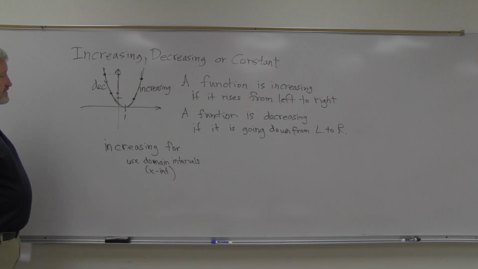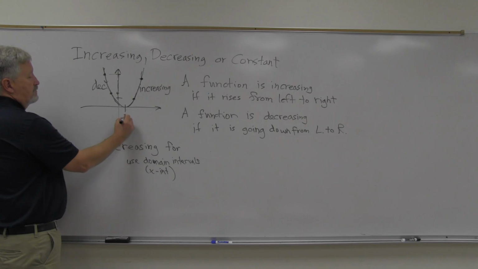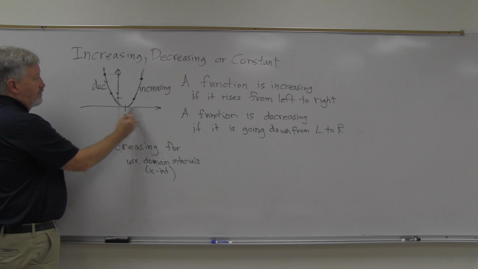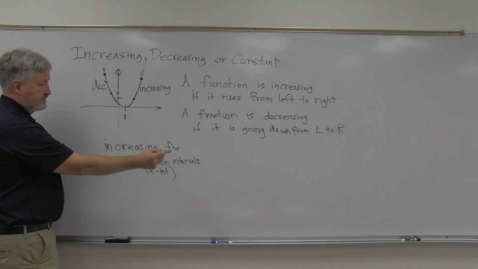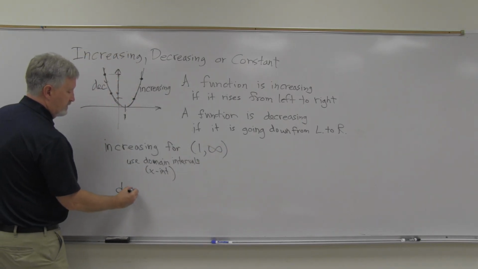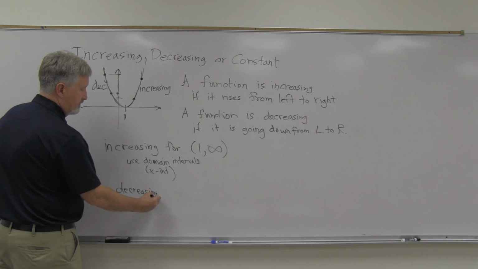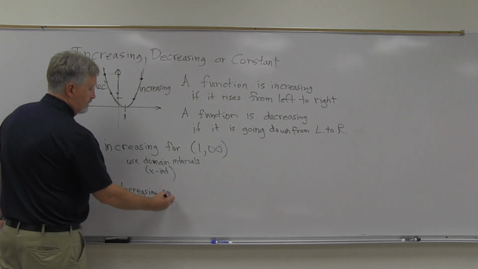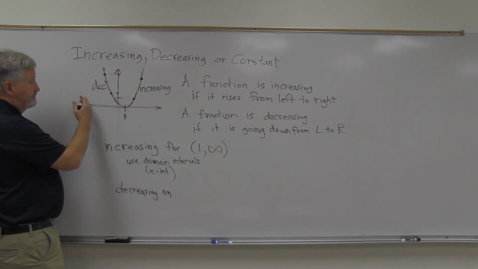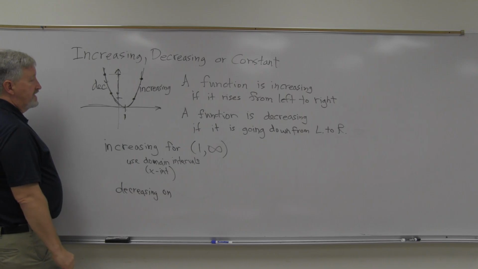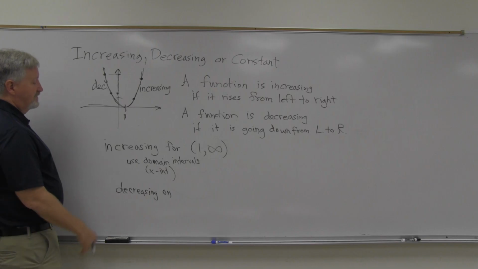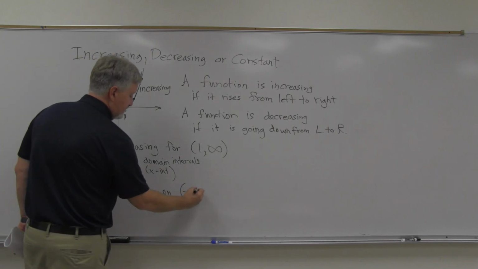And so that's why I marked this one. We've got x equals 1 as the dividing spot there. It's increasing from 1 and beyond, so that'd be 1 to infinity. And then it's decreasing on the other side of 1. There's not a left-hand endpoint, so we call that negative infinity. Negative infinity to 1.